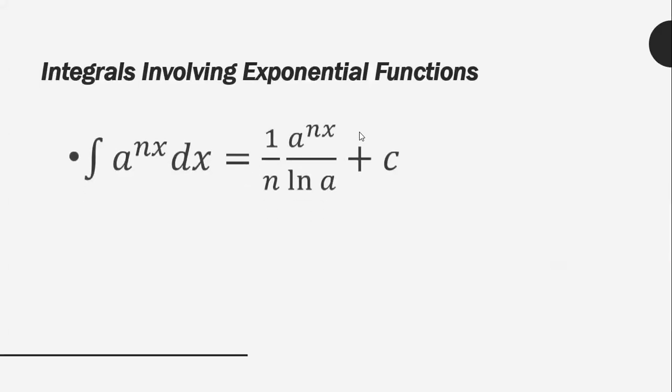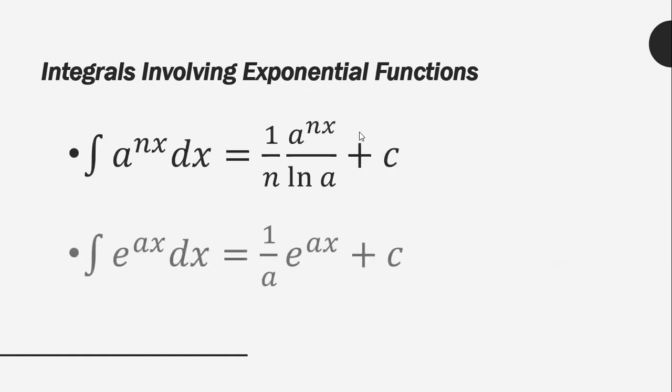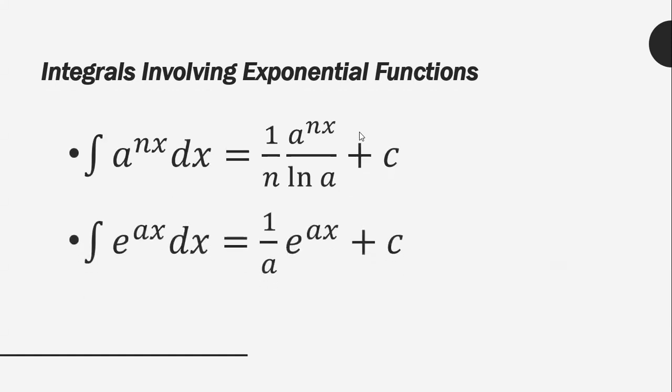Let's start with the integrals involving exponential functions. The formula is very easy. Just follow the formula itself. We have the integral of a raised to nx dx is equal to 1 over n. So we put the reciprocal of that n value, or the coefficient of x.